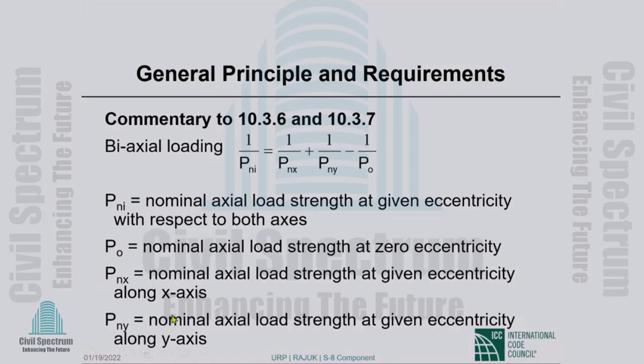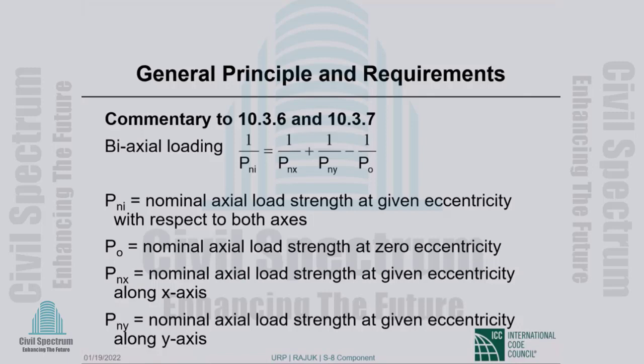If you have eccentricity of the axial load only about the y-axis, the nominal column strength is P sub ny. And if you have no eccentricity, it is a concentric axial load, then the axial load capacity is P0.